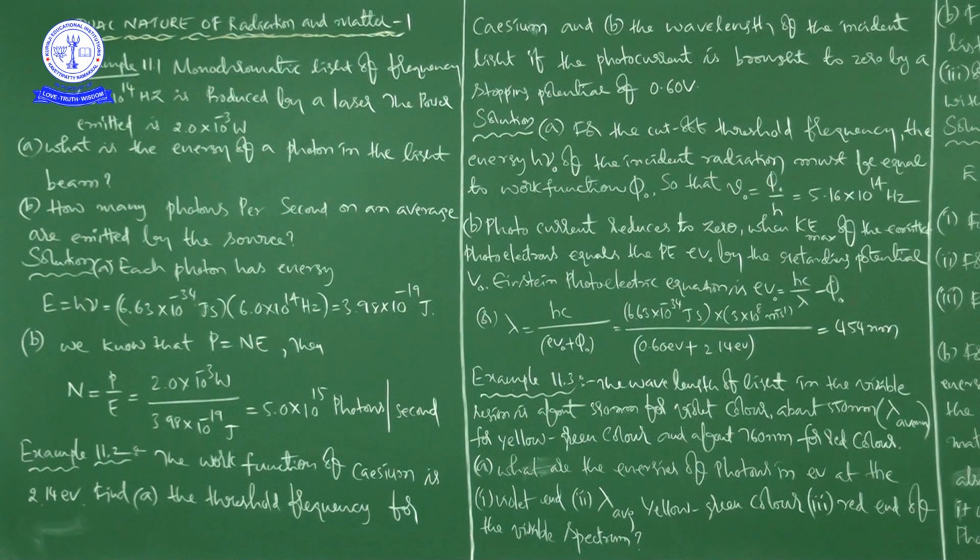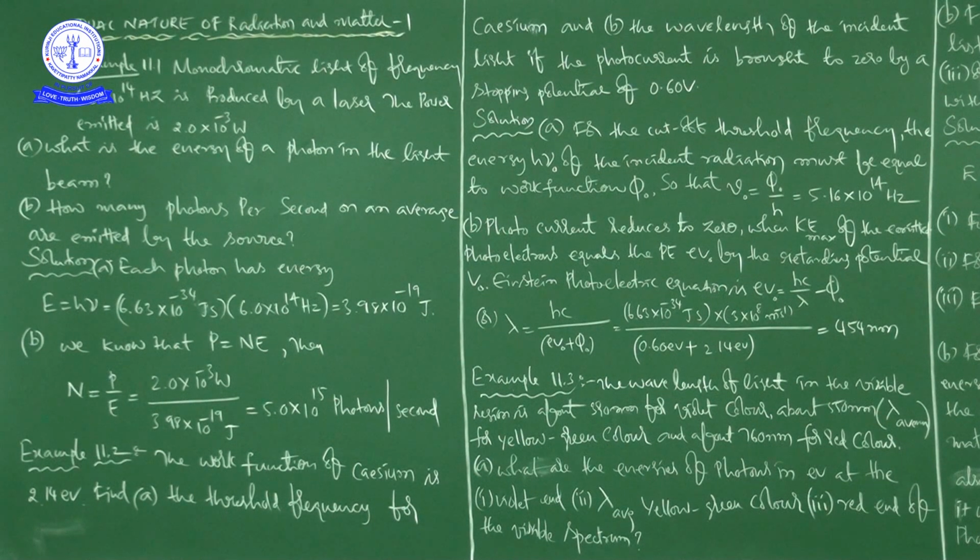The formula is E = hν = 6.63 × 10^-34 joule second × 6 × 10^14 Hz. If you multiply these two, you will get the energy of a photon, E = 3.98 × 10^-19 joules.